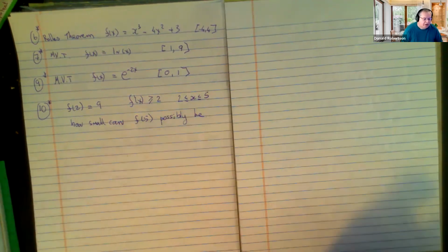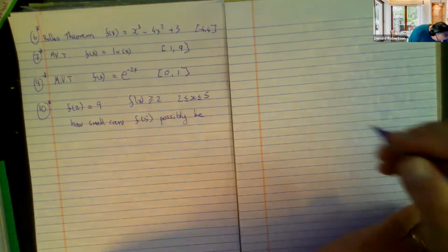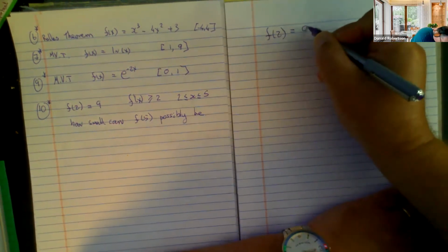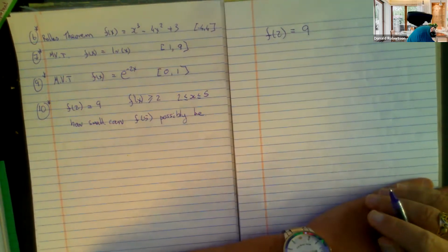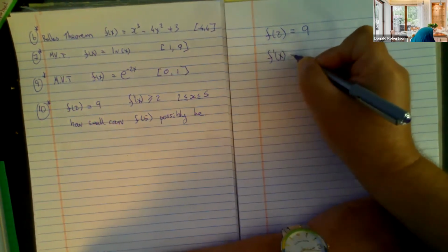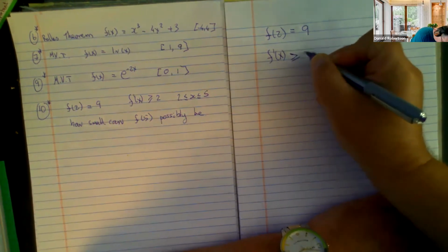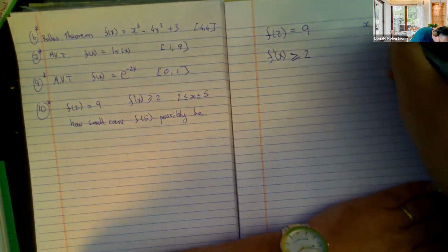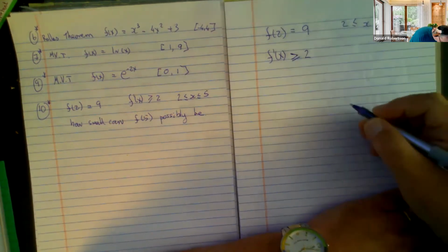Now, this is the last one, which is kind of fun. I'll just rewrite it all. You're told that the value of the function at 2 is 9. You're told that the derivative of the function is always greater than or equal to 2, at least for x's in the range 2 to 5.